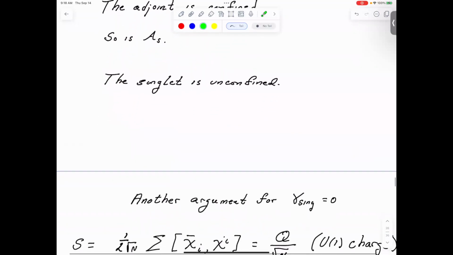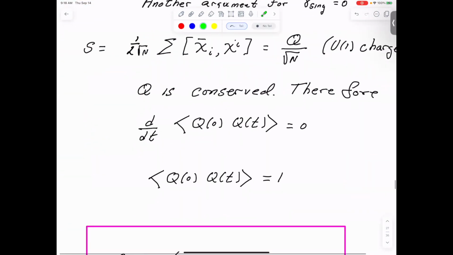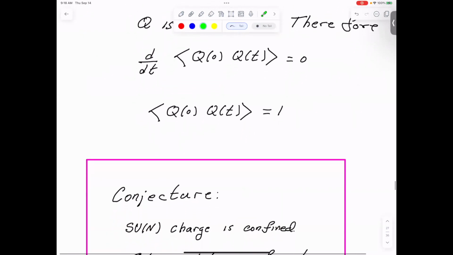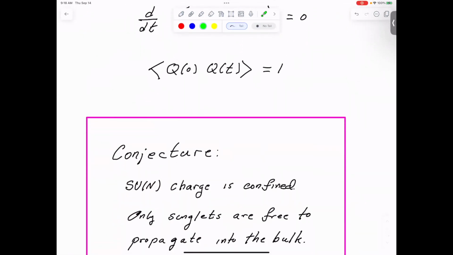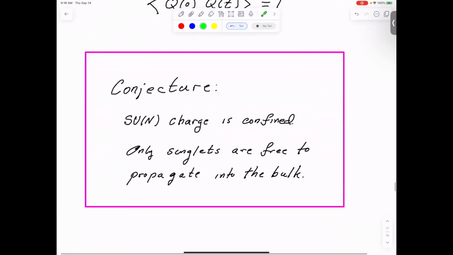Now, I'm going to come back to that. It seems a little bit trivial. We can make it less trivial, which I will explain as we go along. But the conjecture from experience of making a few calculations of this kind is that SU(N) charge is confined. Only the singlets are free to propagate into the bulk.